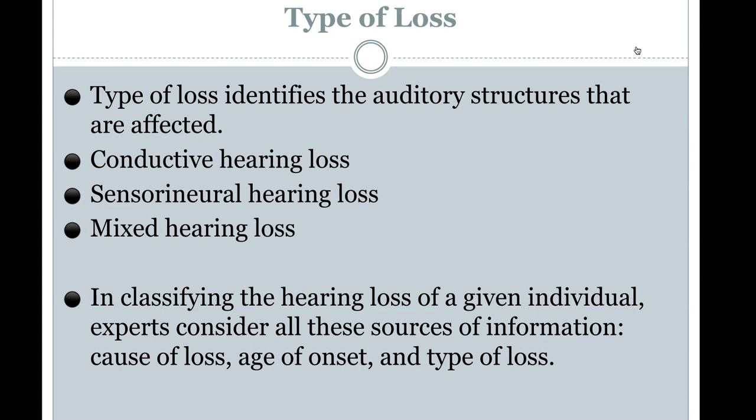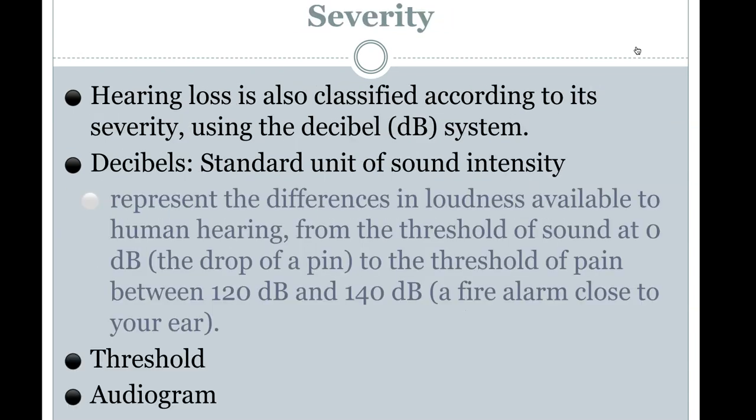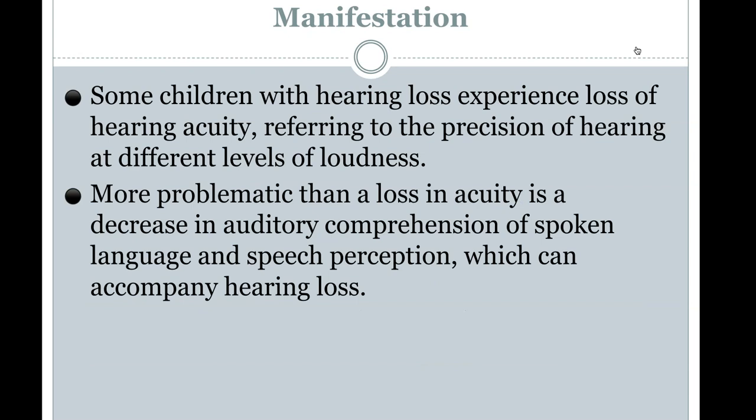In classifying the hearing loss of a given individual, experts consider all these sources of information: the cause of the loss, the age of onset, and the type of loss. Some children with hearing loss experience loss of hearing acuity, referring to the precision of hearing at different levels of loudness, right?